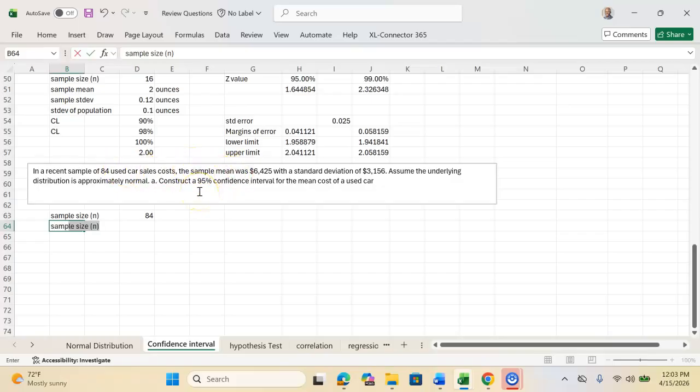Sample mean is given as 6,425, and so we need standard deviation. With standard deviation, so this is given, so that's of the population.